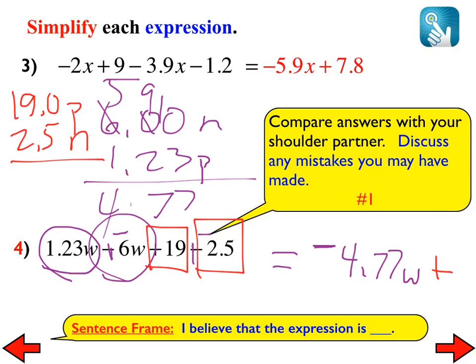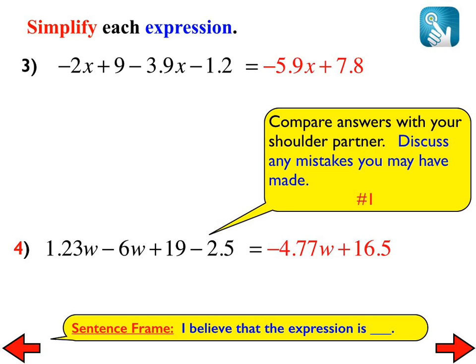Really? Yes. It's 16.5. I have 16.5 more positives. I can see from right there. And I kind of ran out of room there. But I believe that the expression should be negative 4.77w plus 16.5.